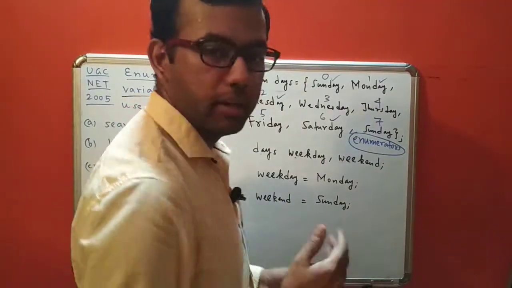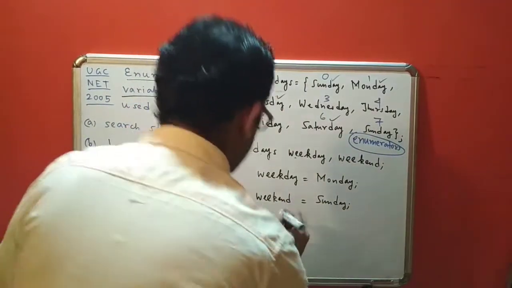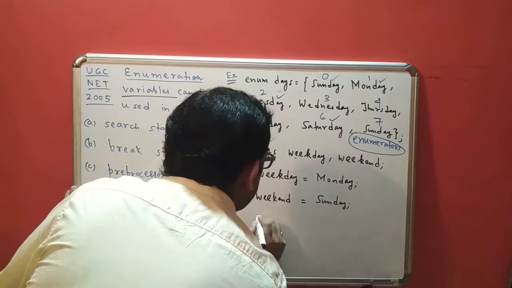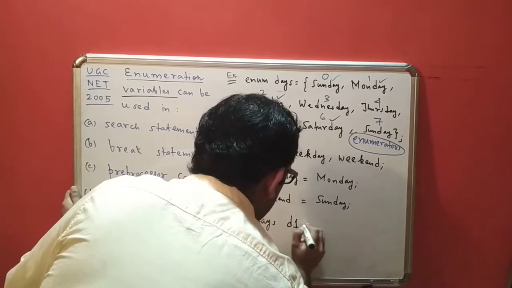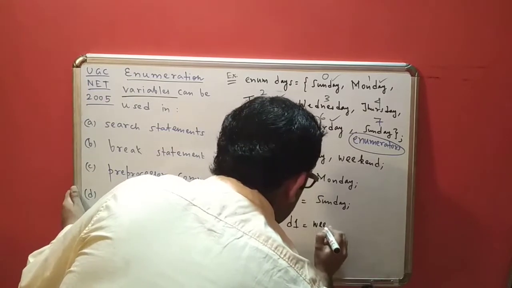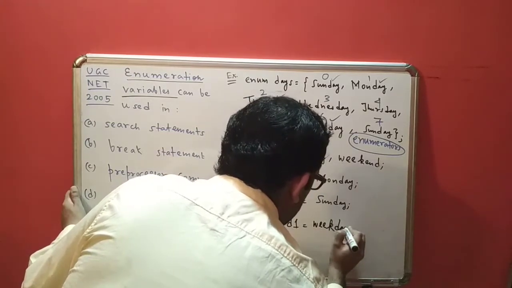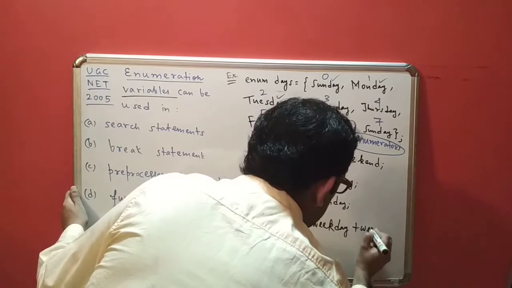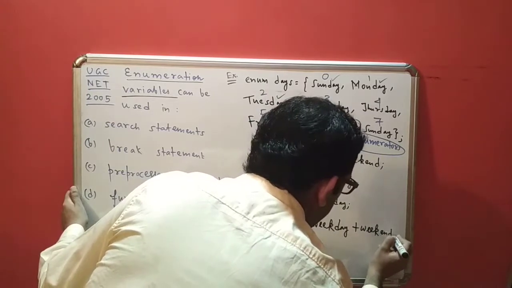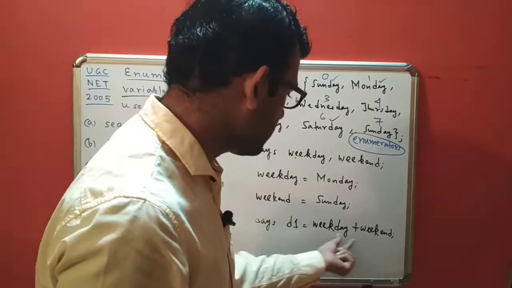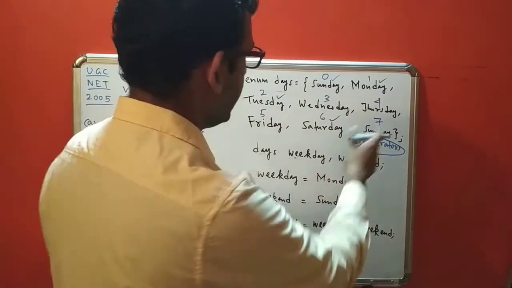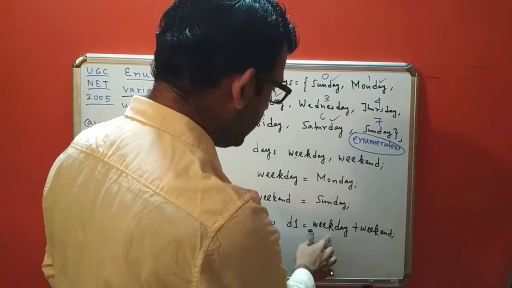That means if I perform an addition, I can do something like this. Let's say I have days d1 equal to weekday plus weekend. This is allowed provided the addition doesn't exceed the range that has been defined here. So what is weekday?